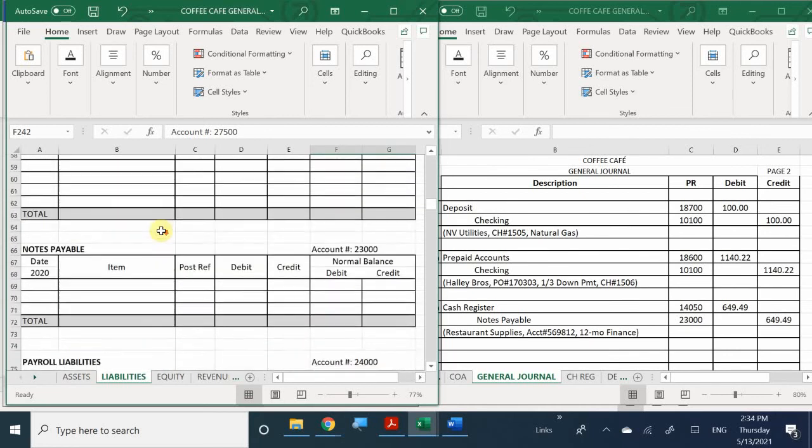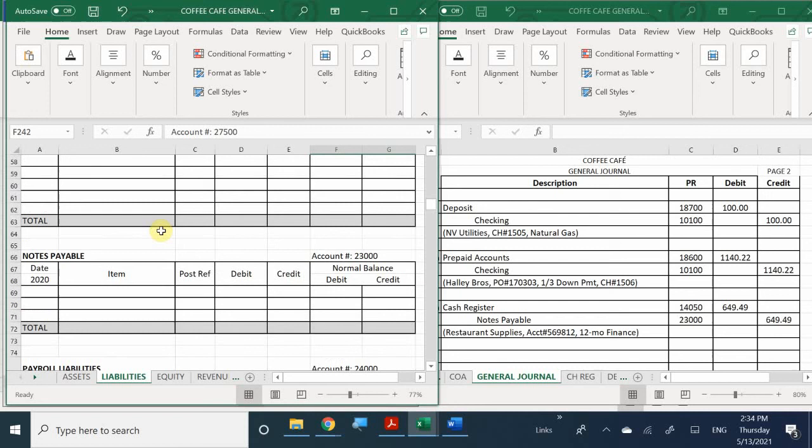So we will obviously get the credit card. See, now we have notes payable, account number 23,000. So here, this is where you get to write all the information.